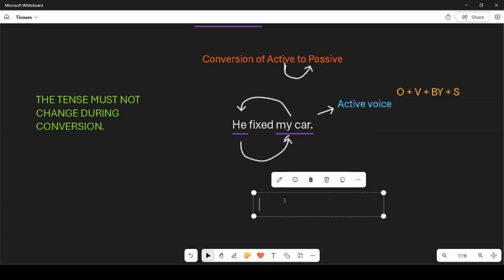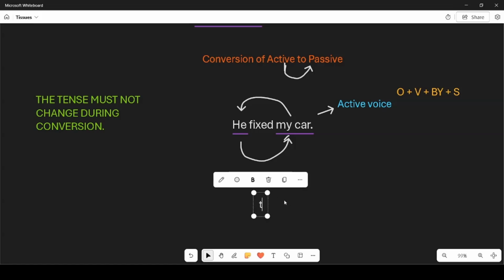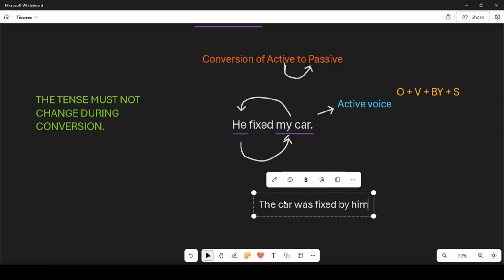So the sentence would be: the car was fixed. The car was fixed by him.